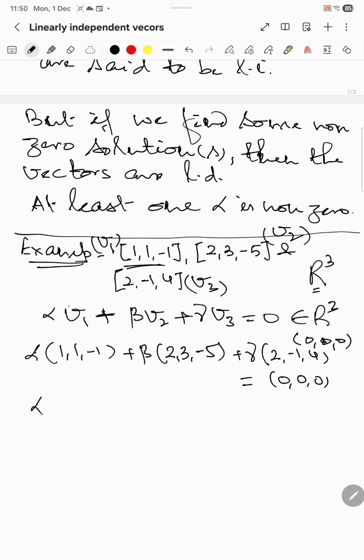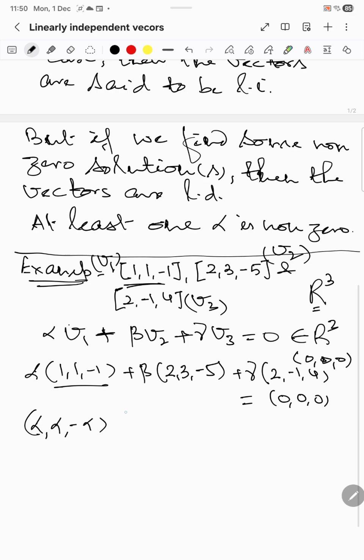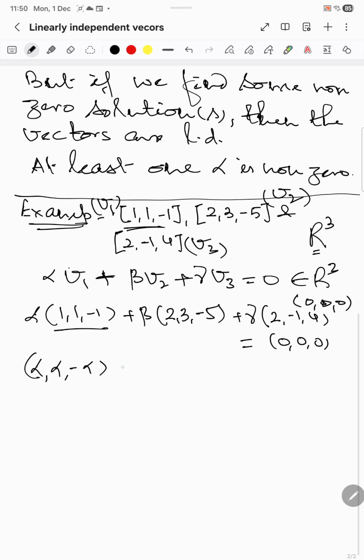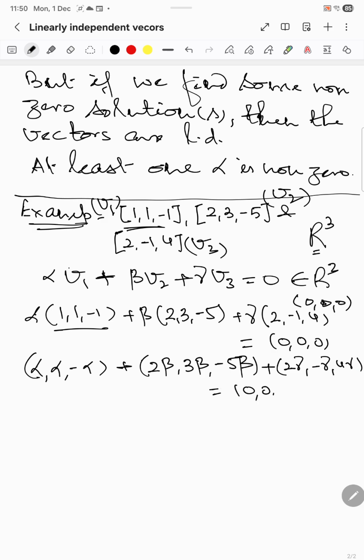Now when you multiply this vector by alpha, you will get alpha, alpha and minus alpha, and from here you will get 2 beta, 3 beta, minus 5 beta, plus 2 gamma, minus gamma, 4 gamma, and these are equal to 0.